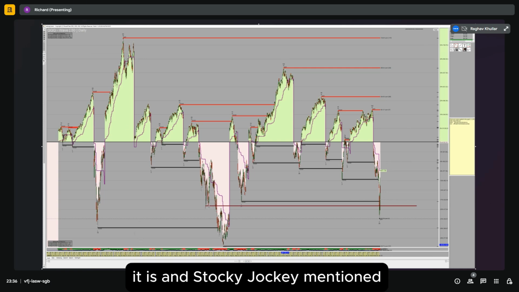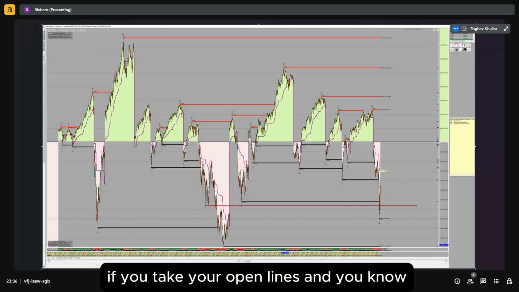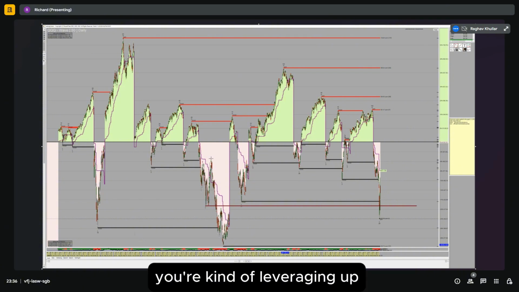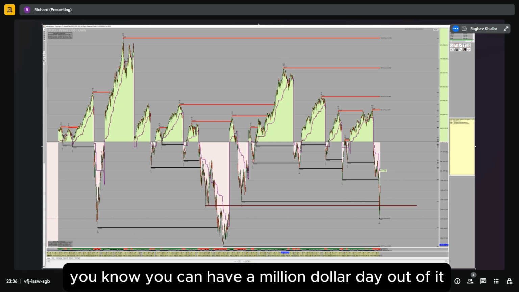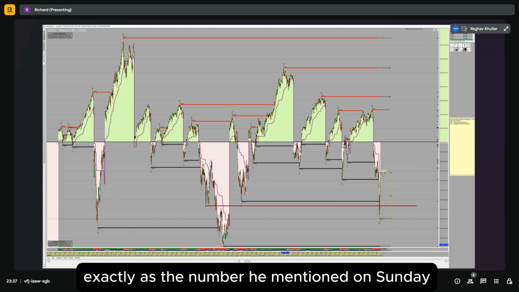And Stocky Jockey mentioned, when we were doing the trade, we picked a little more conservative call side on the QQQ live. But Stocky Jockey showed if you take your open lines and leverage up, you can have a $1 million day out of it. So it's important to know these bounces, like Big Gun showing that 16%. It was a number he mentioned on Sunday.